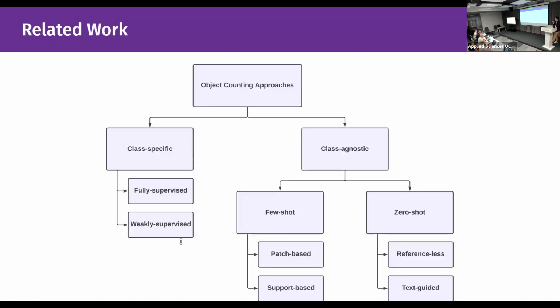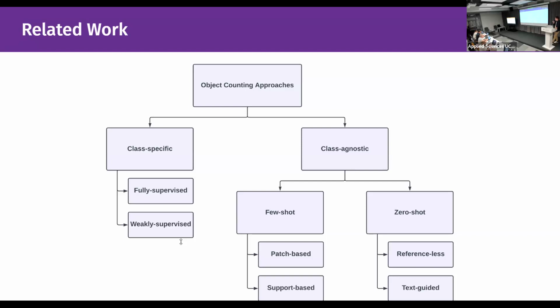So what are the existing object counting approaches? Object counting is generally divided into class-specific and class-agnostic. Traditional fully supervised class-specific methods focus on predefined object categories and require large amounts of training data.